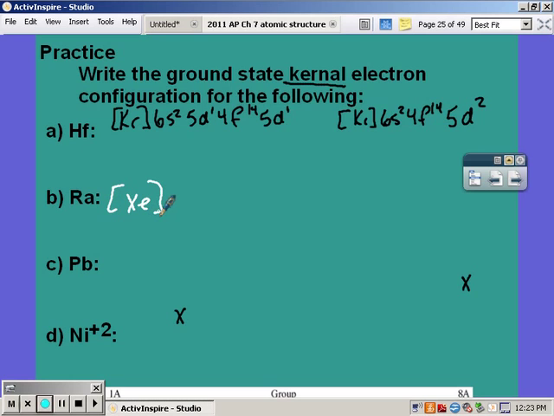So for radium, you should have had xenon and then 7s2. For the lead, you should have had xenon, 6s2, 4f14, 5d10, and 6p2.